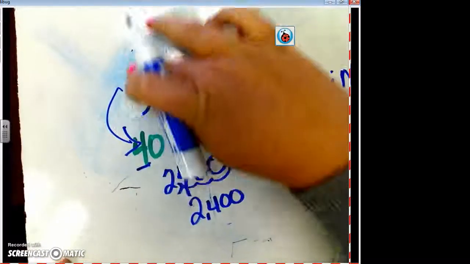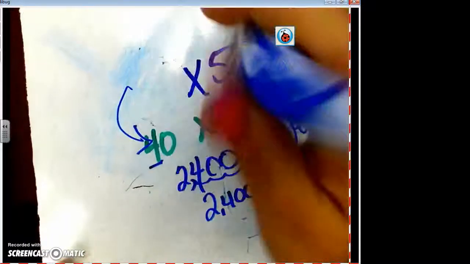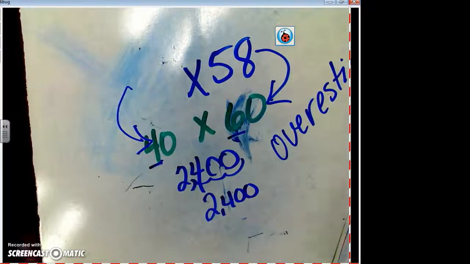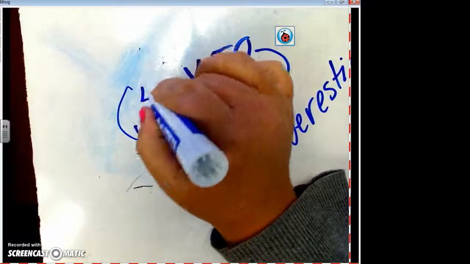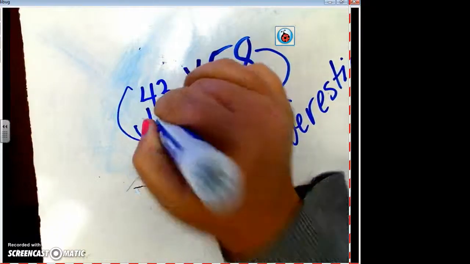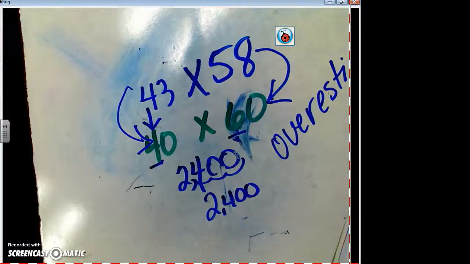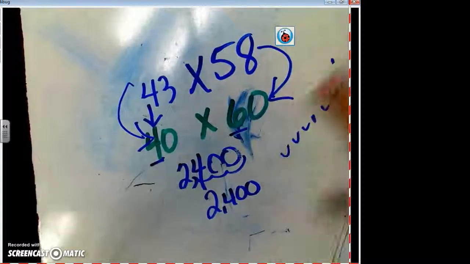Okay, what if this was, very quickly, hypothetically. Hypothetically means, we're going to make this up, okay? What if this was 43 and I took it down to 40? Okay, listen.